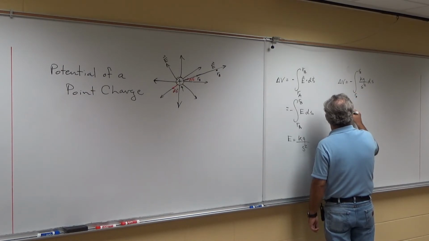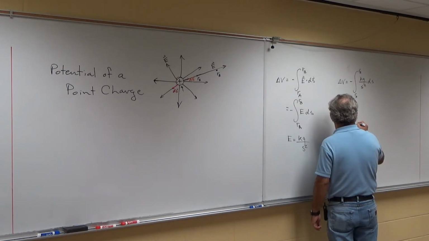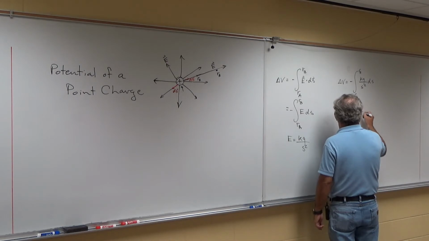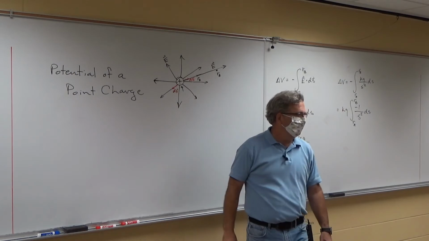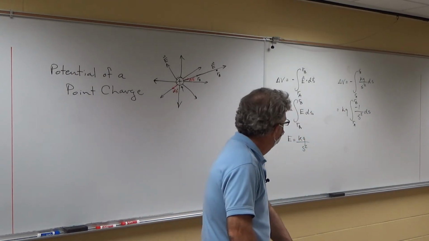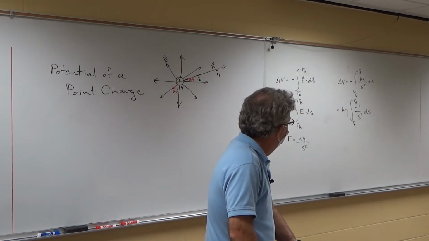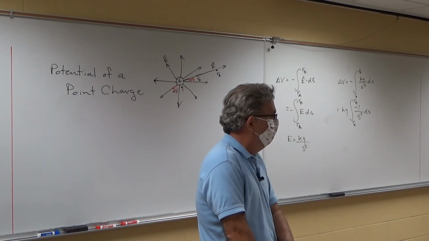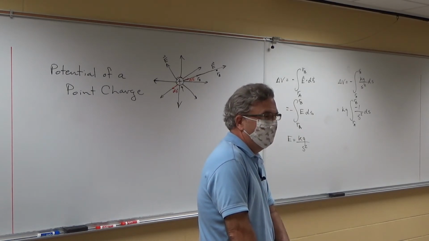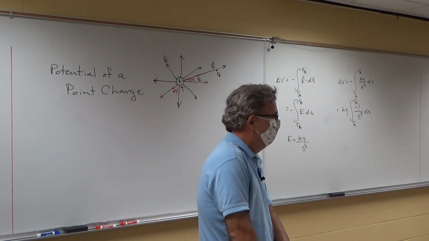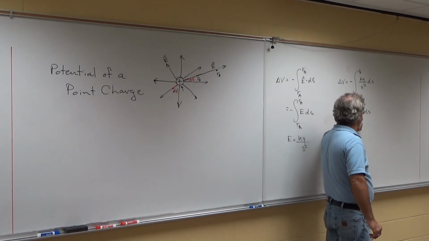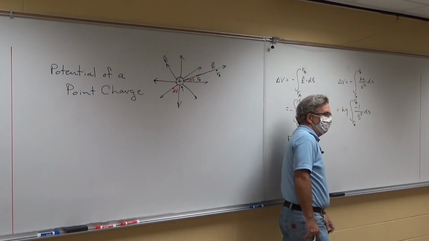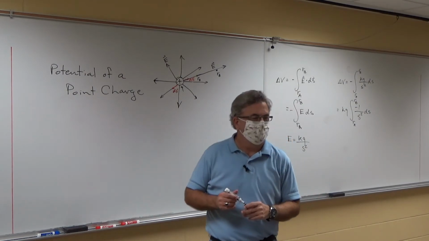So you get KQ times the integral from RA to RB of negative 1 over S squared ds. I'm trying to give you something that you recognize. It doesn't matter where the negative is; it could be out here, over here, or down here. Those negatives can jump around.